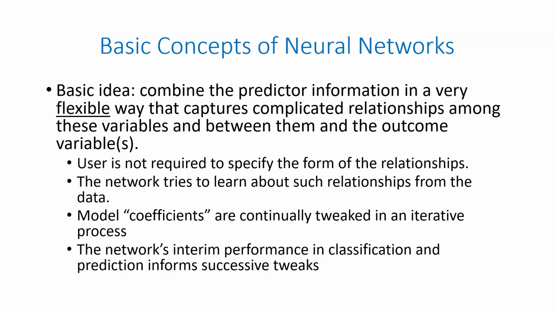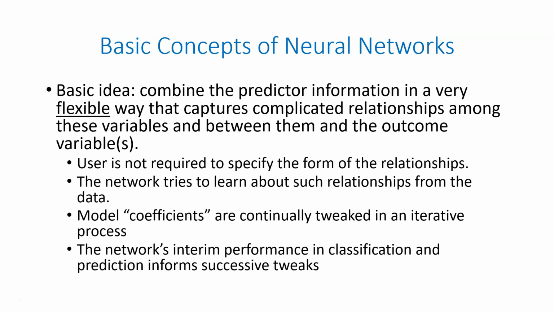As you will see from this slide, I have underlined the term flexible in the statement in order to emphasize this important characteristic of neural networks. In neural networks, the user is not required to specify the form of the relationships.